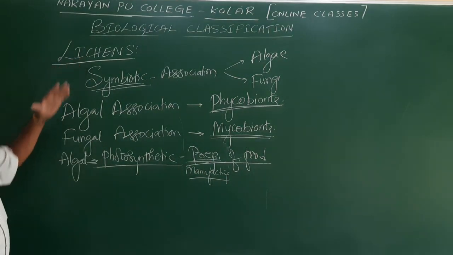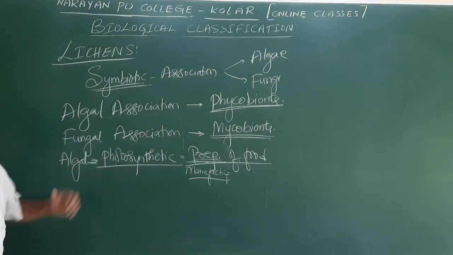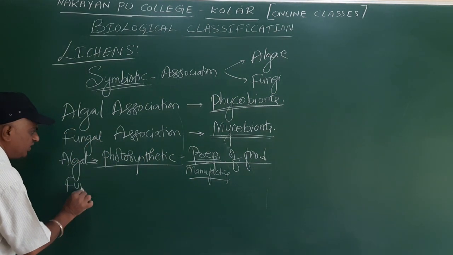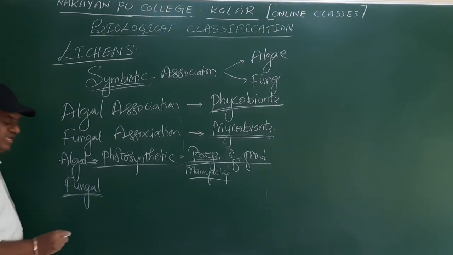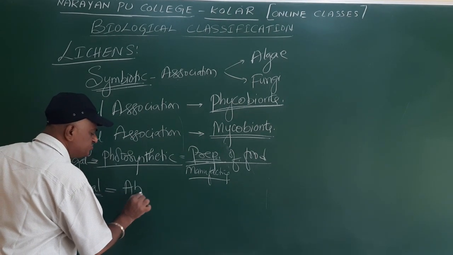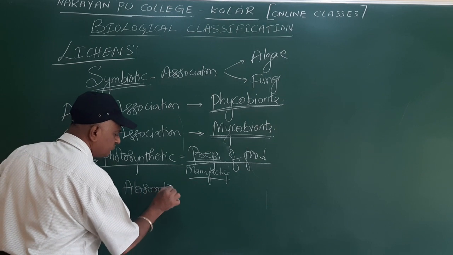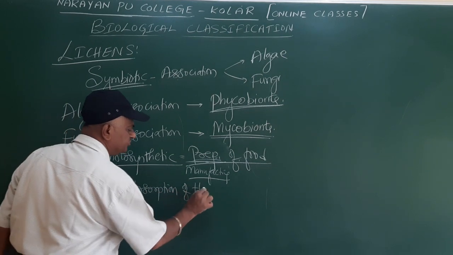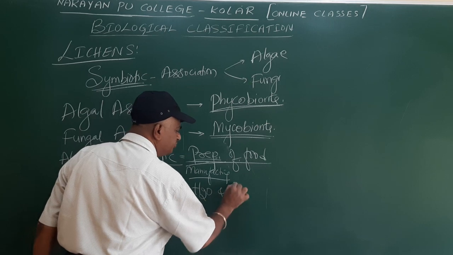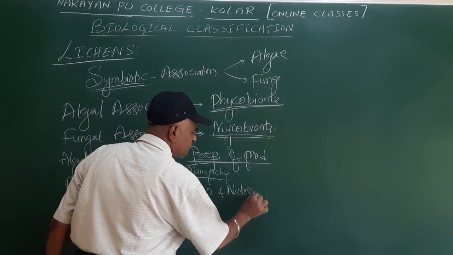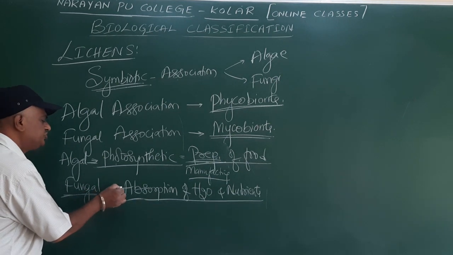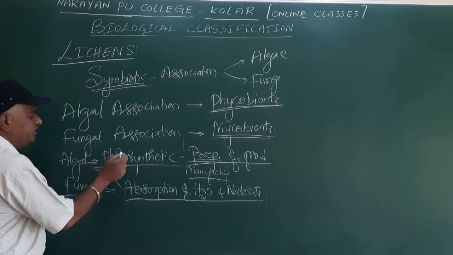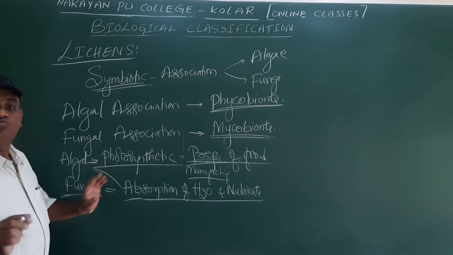This helps the plant for supplying food. Whereas when you go for a fungal association, this fungi helps in absorption of water and the nutrients. Fungi helps in absorption of water and nutrients, due to the algae. Algae association helps in photosynthesis.